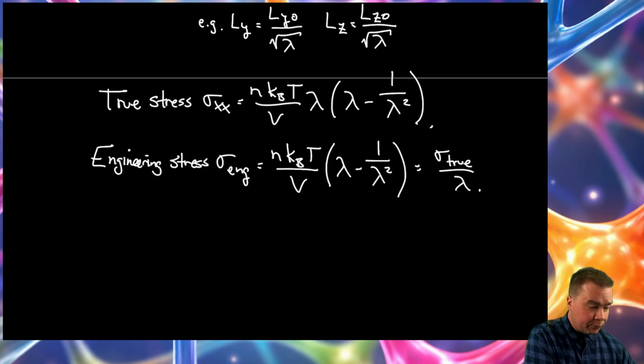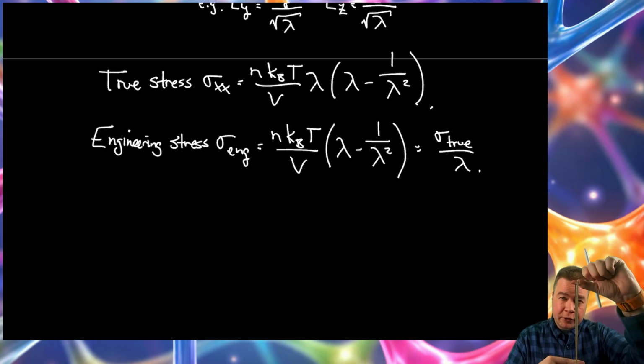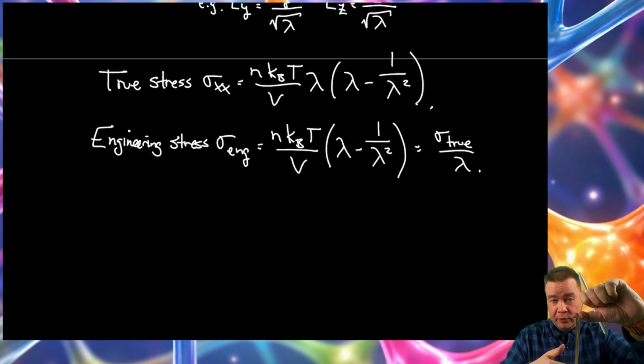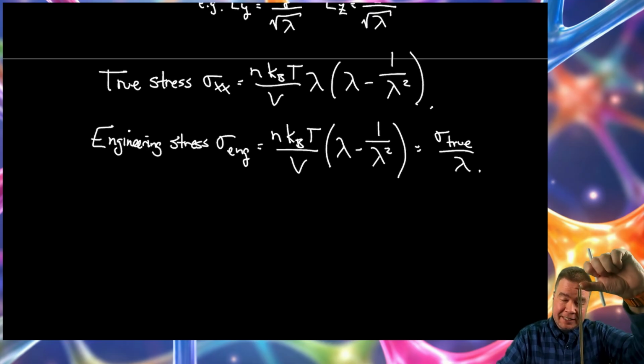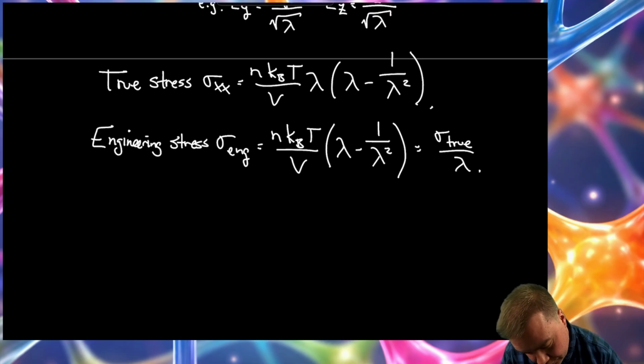And so now we've got an expression for what the stress is, and what we're trying to figure out is how much it's resisting. Well, this is telling us how much it's resisting. I'm pulling down with a certain force, or I'm applying a certain stress in this direction, and I know how much the material is pulling back, and how that's changing as a function of the elongation. And if you look at this expression right here, I've got two things going on. I have this prefactor out front.